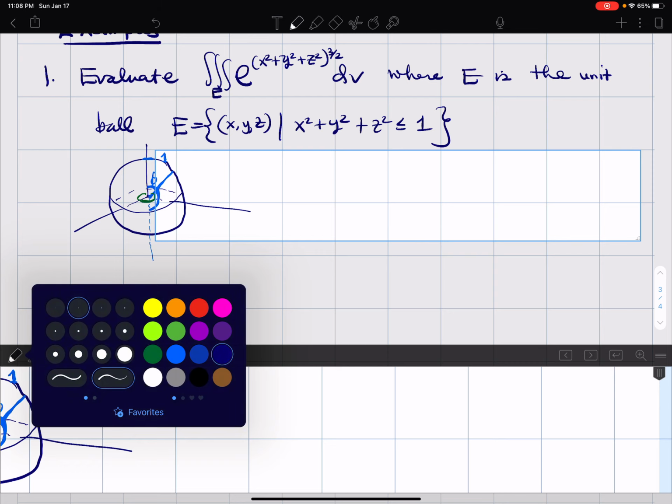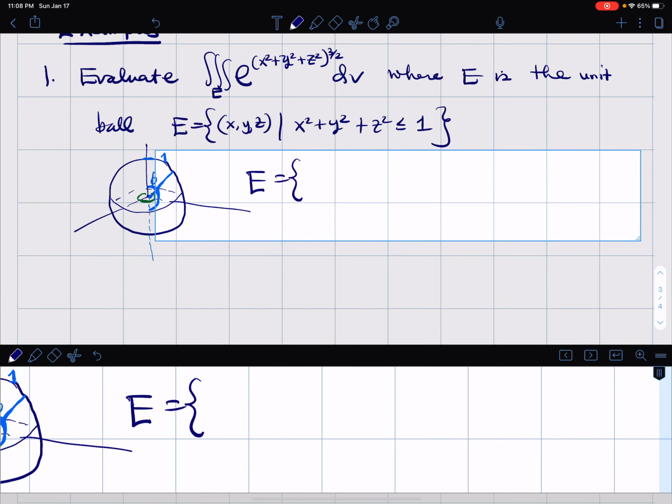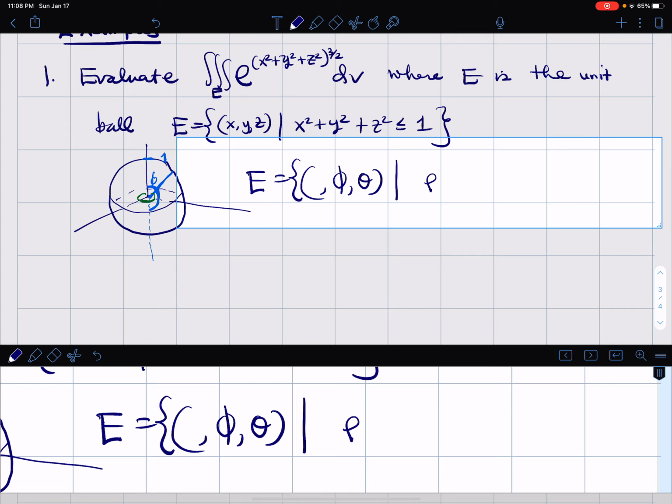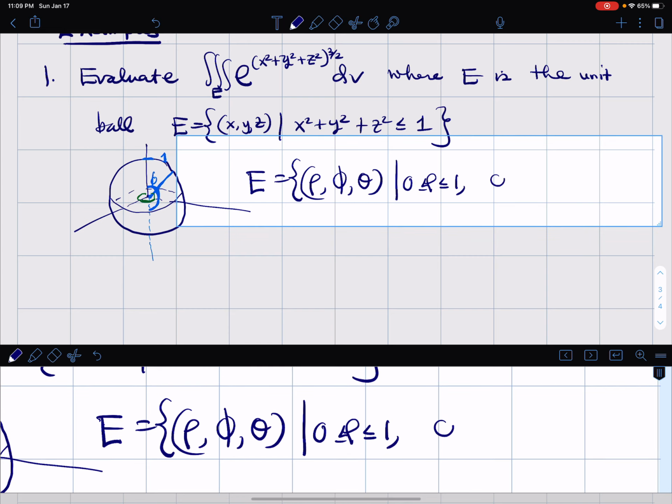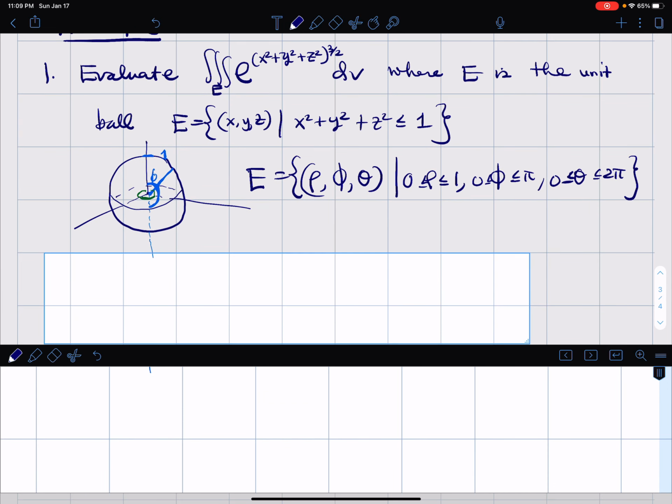So let's describe our E. E is the set of (rho, phi, theta) such that rho is between 0 and 1, phi is between 0 and pi, and theta is between 0 and 2 pi.